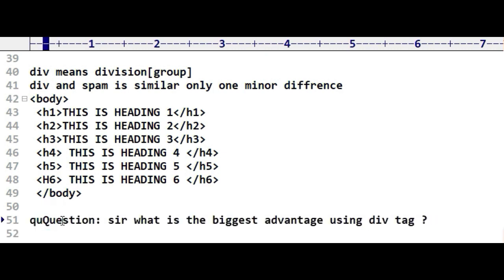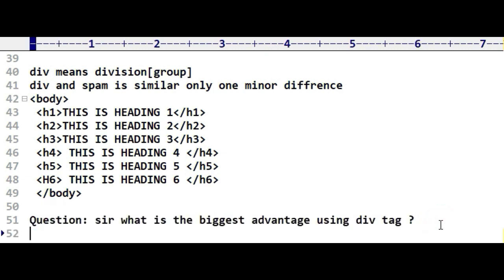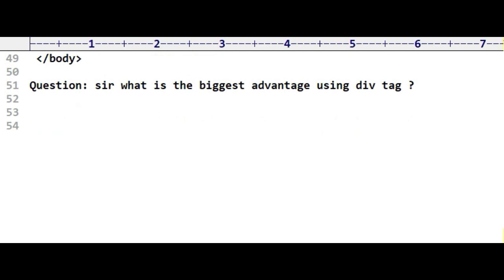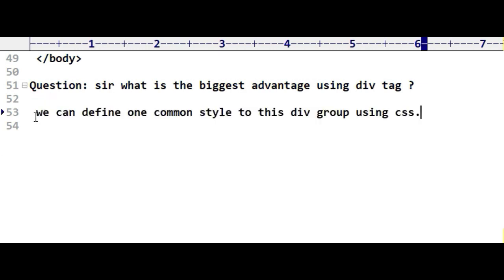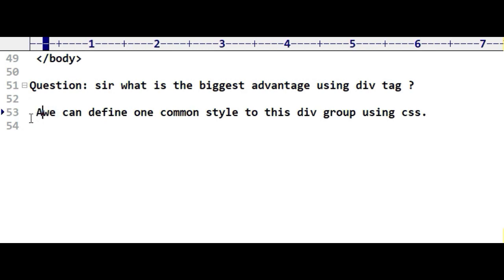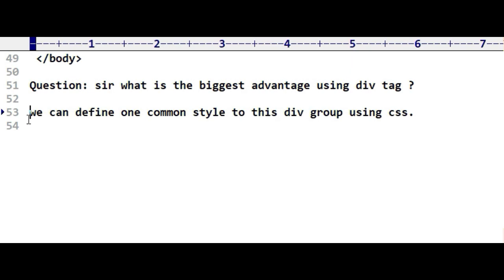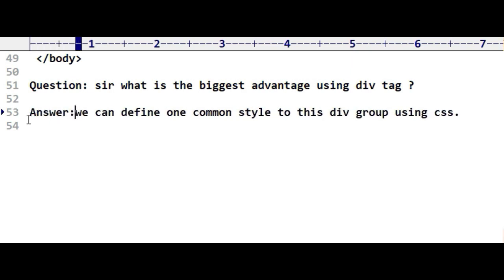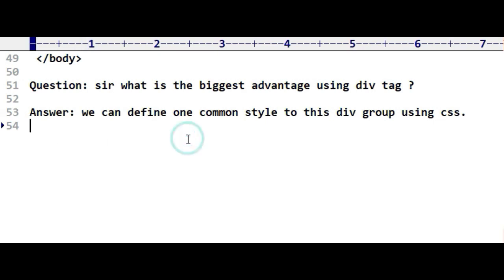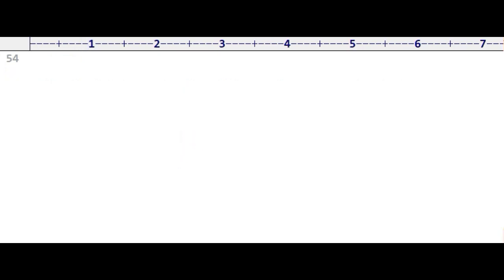What is the biggest advantage of using the div tag? The answer is, we can define one common style for this div group using CSS. So I am introducing CSS here also.